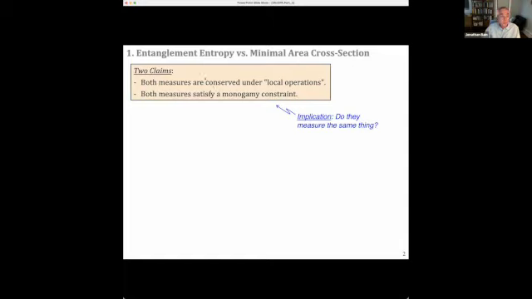And then there are these two additional claims. Both of these measures are conserved under quote unquote local operations, and both satisfy a monogamy constraint. And again, the implication is perhaps they measure the same thing. Right? Maybe these similarities are evidence for the ER equals EPR hypothesis.